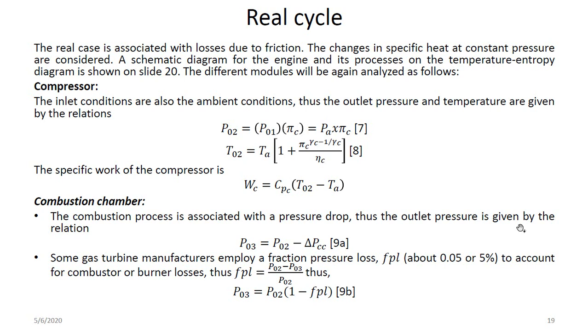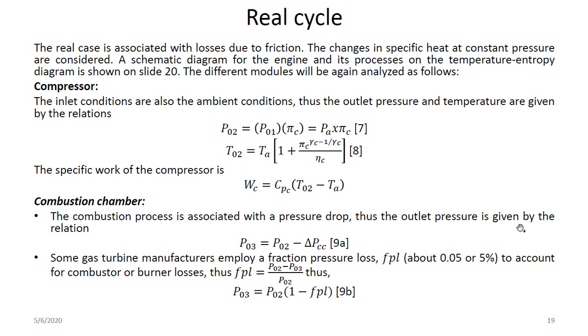And now, previously, under the ideal case, there was no pressure drop in the combustion chamber. However, there's always boundary layer and frictional losses between the air and the lining of the combustion chamber. So in reality, there will be losses in the combustion chamber.